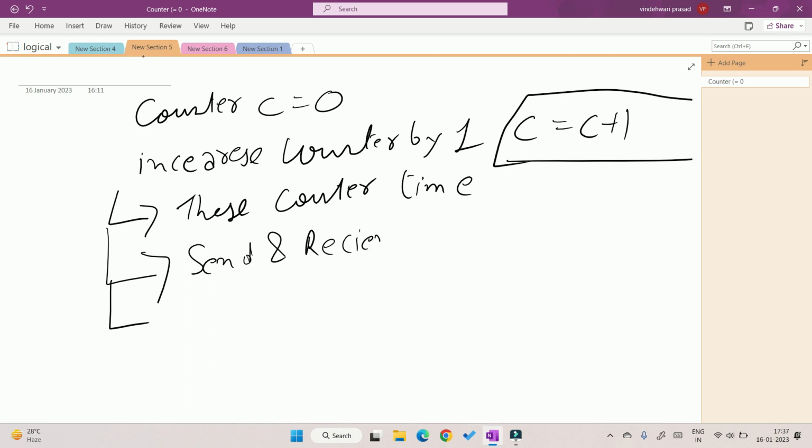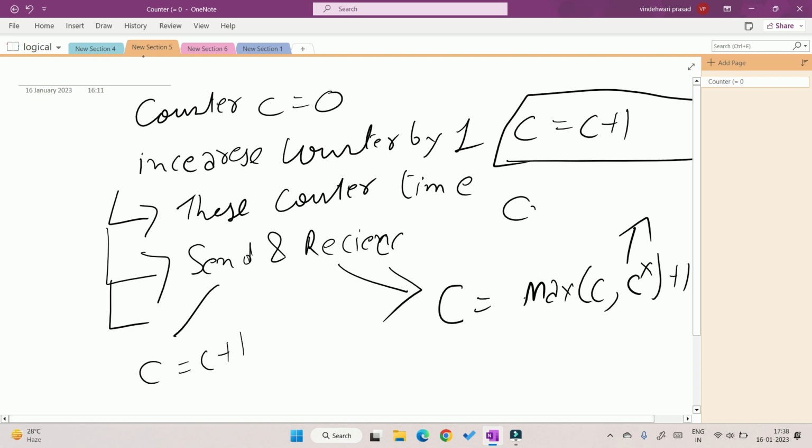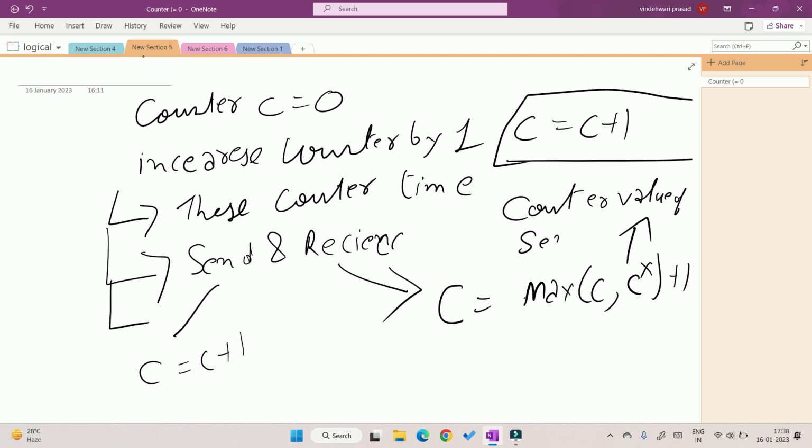When the machine sends the message, c equal to c plus 1 works fine, but when a machine receives the message, then c is equal to the maximum of c and c dash, plus 1. Here c dash means the counter value of the sending machine.